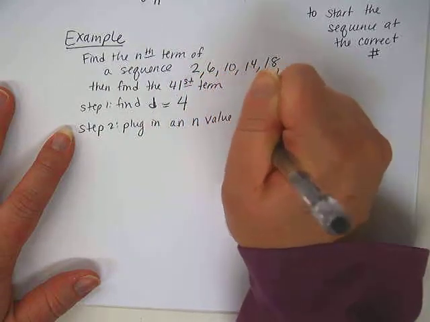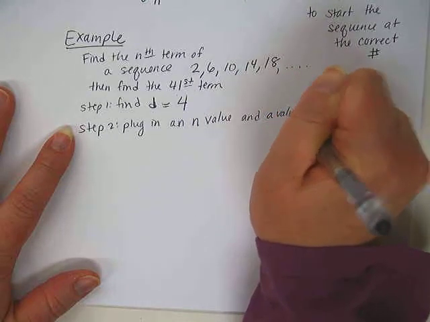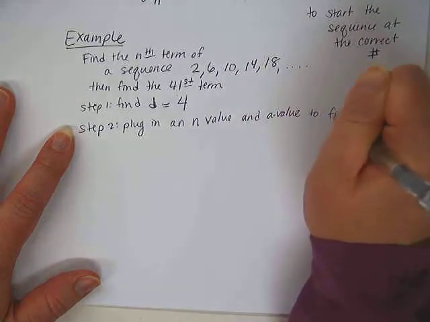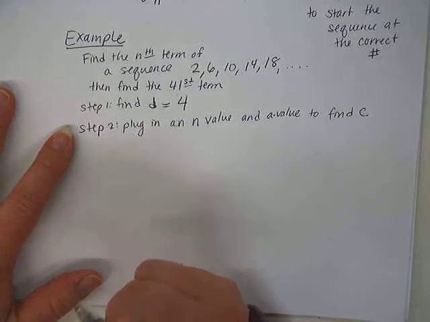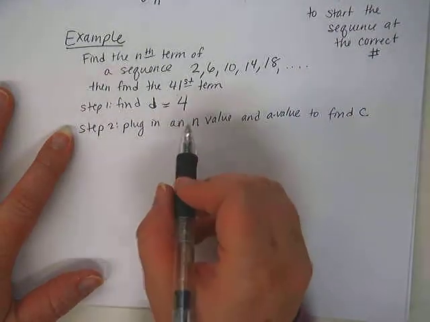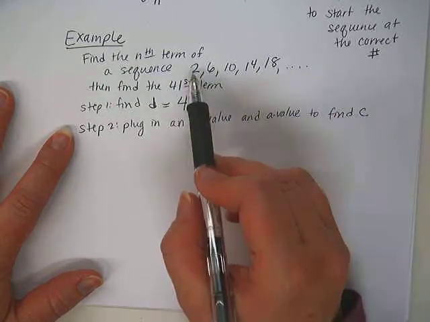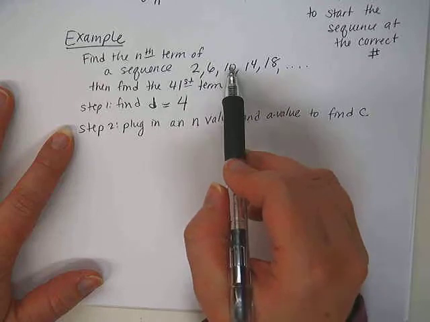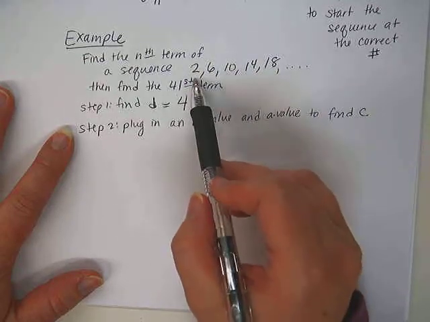So then to find our formula, we are going to plug in an n value and a value to find C. You can kind of sort of sometimes do this in your head, but I'm just going to show you how to do it with a point.